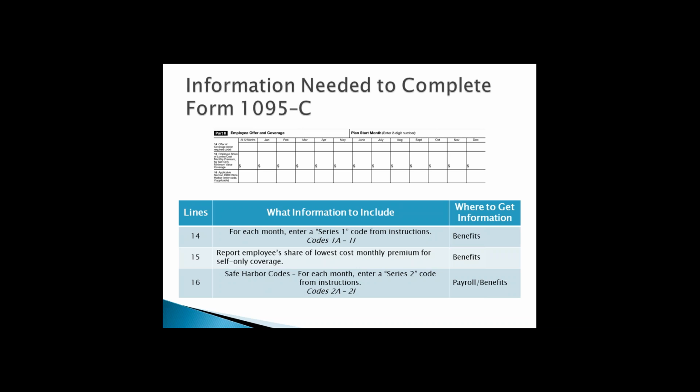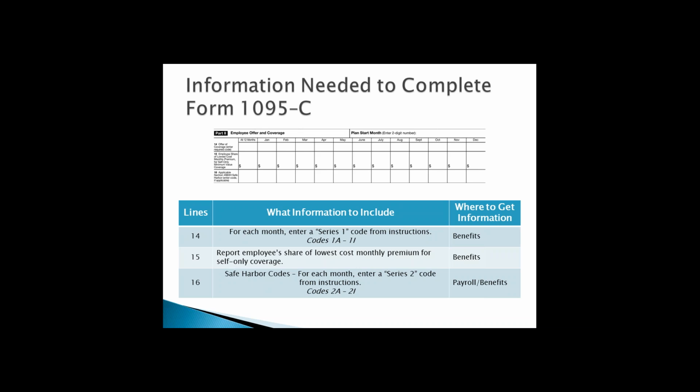So either the employee was not employed, or was not a full-time employee, the employee enrolled in minimum essential coverage offered, the employee was in a limited non-assessment period with respect to Section 4980H, the employer met one of the Section 4980H affordability safe harbors with respect to the employee, or the employer was eligible for multi-employer interim rule relief for the employee. So I'll review codes 2A through 2I.